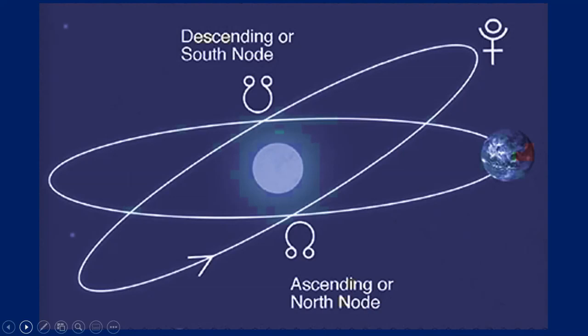So the nodal axis, the south node in particular, gives us a historical frame of reference of where we have come from, and the north node where we are going to. Each one of the planets outside of the sun, of course, will have a north and south node reference. Why do we use the moon so commonly?